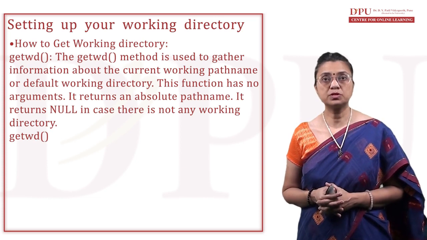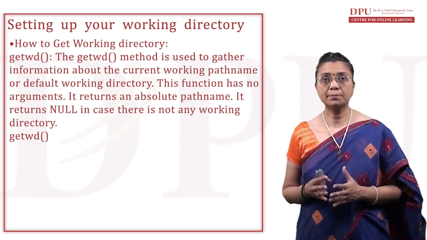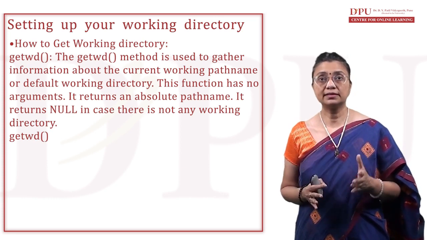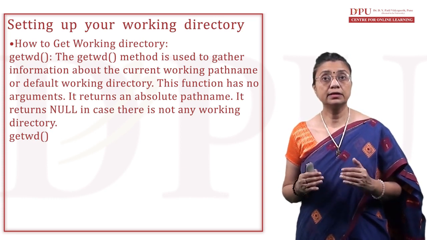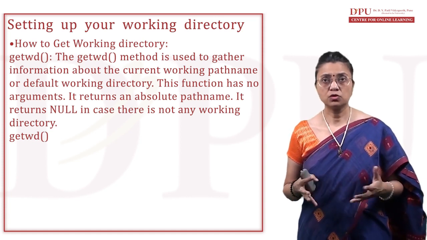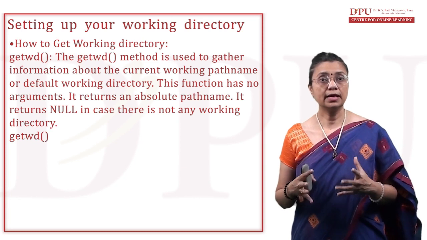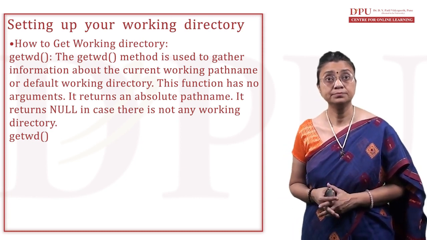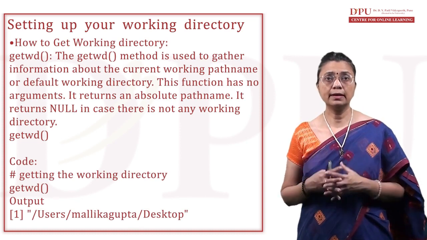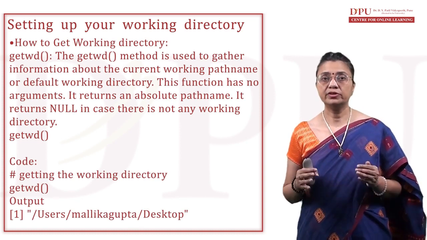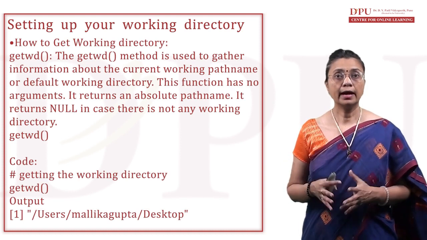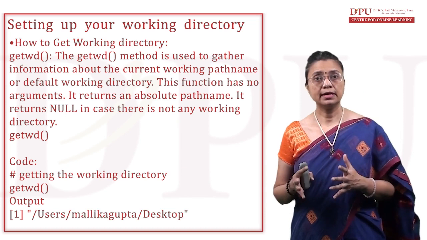It returns an absolute path. Absolute path means the path that starts from the root. So it will return a path that starts from the root, and it returns null in case there is no working directory. With the help of this code, if we write getwd, we get some output like user Malika Gupta /desktop.